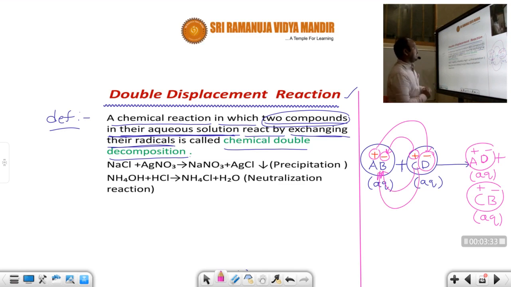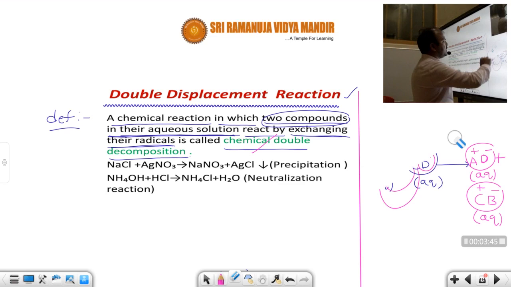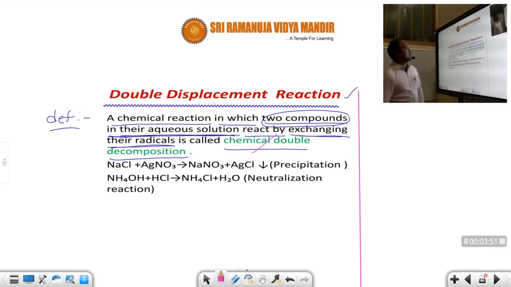Whenever radicals are exchanged, that reaction is said to be a chemical double decomposition reaction, or it is also called chemical double displacement reaction. So due to exchanging their radicals, double decomposition reaction takes place.